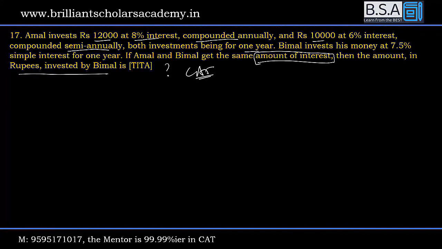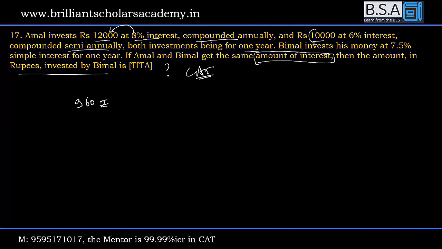So Amal is investing 12,000 at 8% compounded annually. So basically he will receive 8% of this. It is SI or CI for 1 year, they are both the same. So 8% should be 960 rupees.